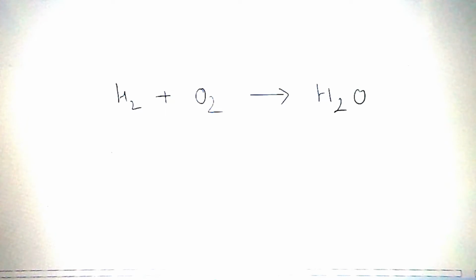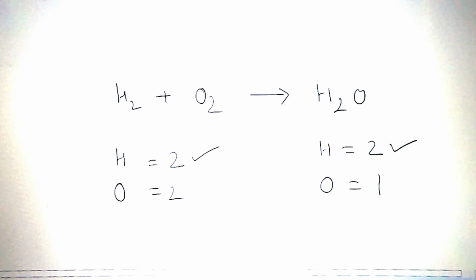Number of hydrogen atom in reactant side is 2. Number of oxygen atom is 2. Now in the product side, number of hydrogen atom is 2 and number of oxygen atom is 1. Number of hydrogen atoms are equal, but number of oxygen atom in the reactant side is 2 and in the product side number of oxygen atom is 1, which is not equal. So this type of chemical equation is the unbalanced chemical equation.